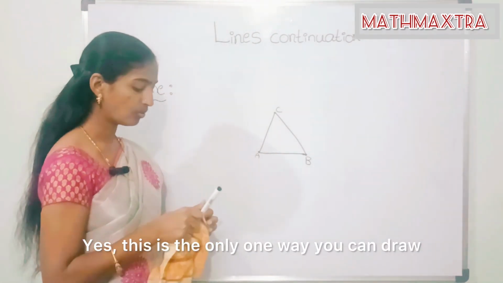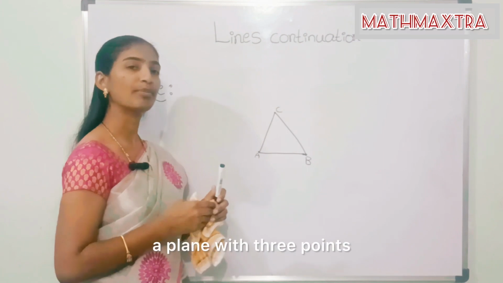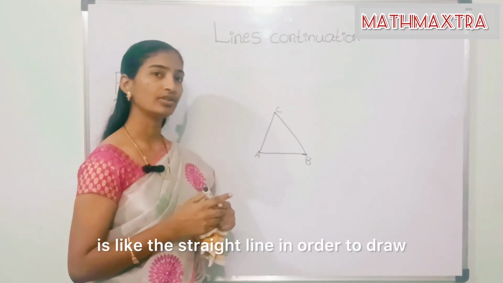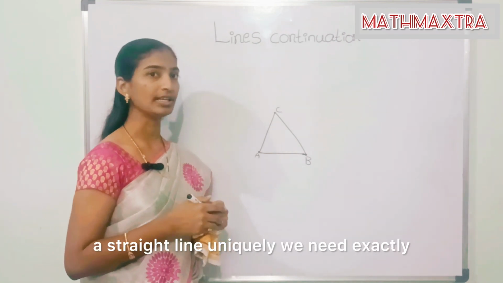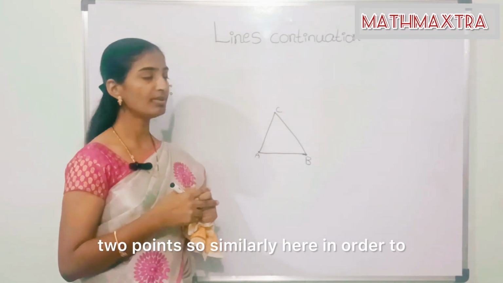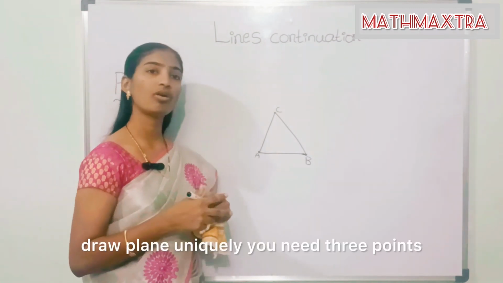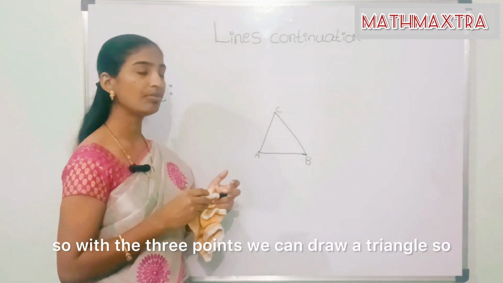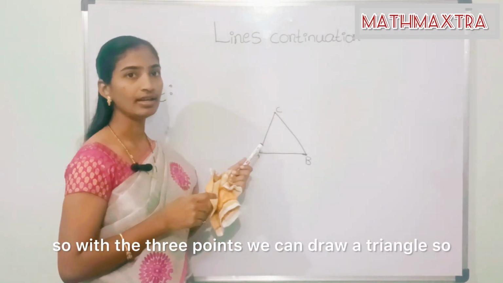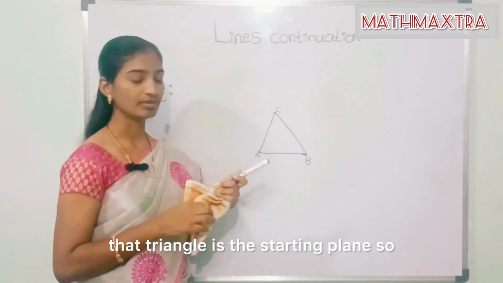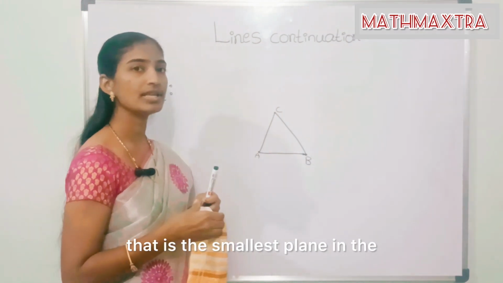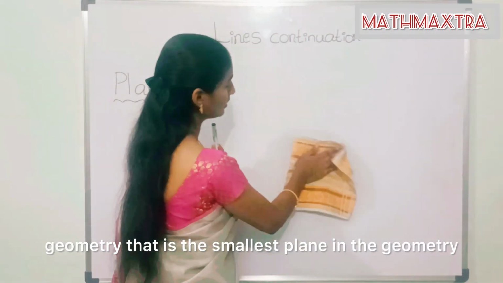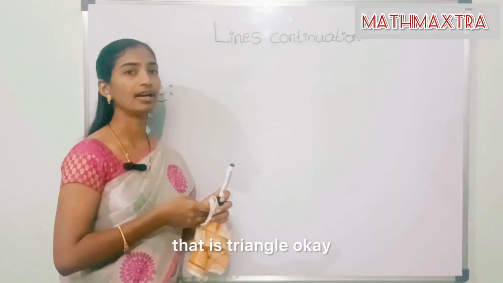Yes, this is the only way you can draw a plane with 3 points. Like the straight line, in order to draw a straight line uniquely, we need exactly 2 points. So similarly, here, in order to draw a plane uniquely, you need 3 points. With the 3 points, we can draw a triangle. So that triangle is the starting plane. That is the smallest plane in geometry. That is the triangle. Okay.